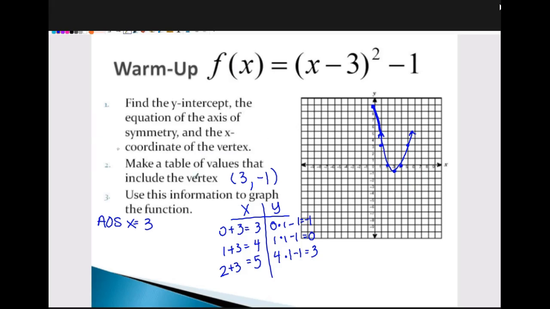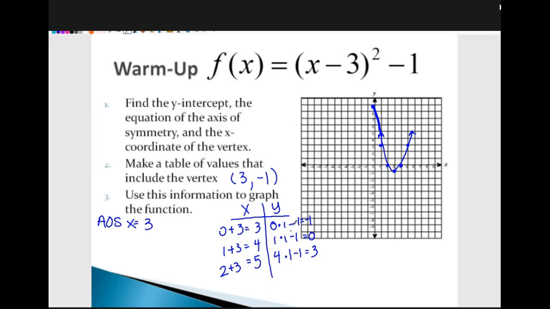And then we also find our vertex, which is 3, negative 1, since this is in vertex form. The axis of symmetry is x equals 3. Get our table of values, continue our points.